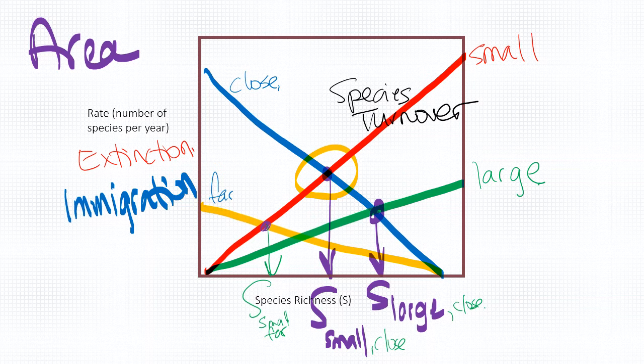So you've got new species coming in and other species that were already there going locally extinct. Whereas some of these other islands are going to have much lower turnover rates, like the small far island. It's not getting a lot of new immigrants, and it's not getting a large number of extinctions, so it has much lower rates of species turnover because it is so limited in both of those factors.